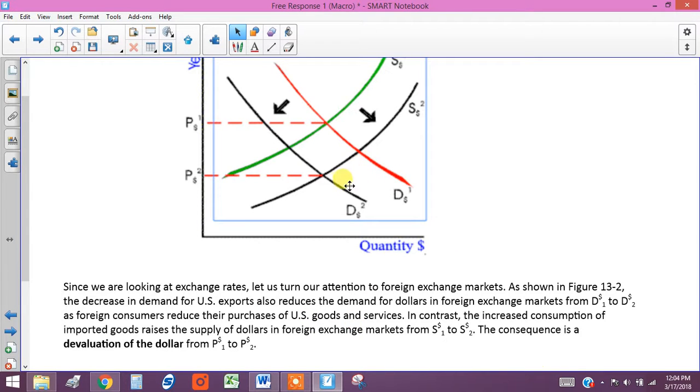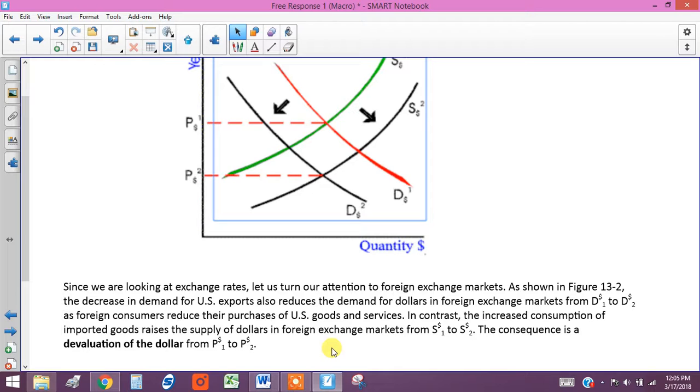So we're going to get that shift, and we're also going to get a shift in the supply of dollars, because of prices in the U.S. being high, people are going to consume more foreign goods that are relatively cheaper. So we're going to actually import more, and that's going to shift the supply of dollars.